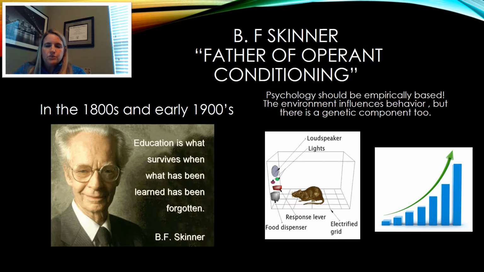Let me introduce you to another scientist. His name is B.F. Skinner. He was an American scientist who was born in 1904. He took it just one step further. Skinner is often called the father of operant conditioning. He was most famous for conducting experiments with animals and his Skinner box, like another scientist, Watson.